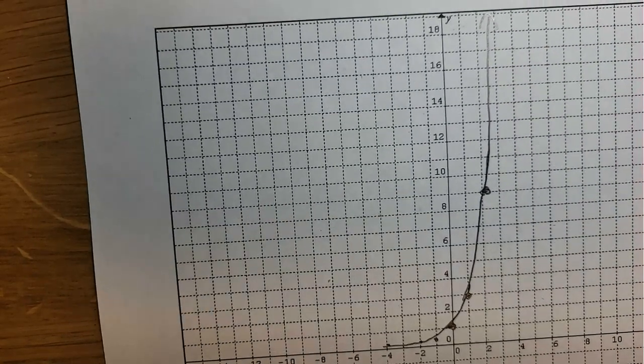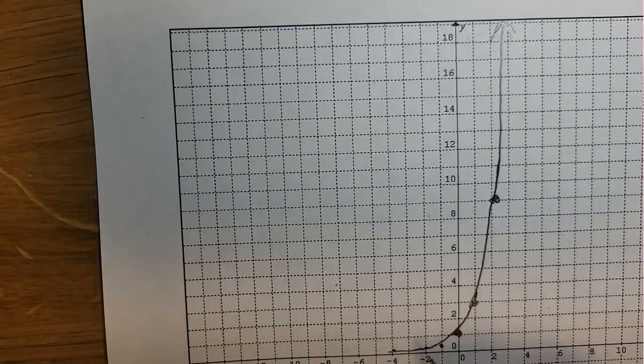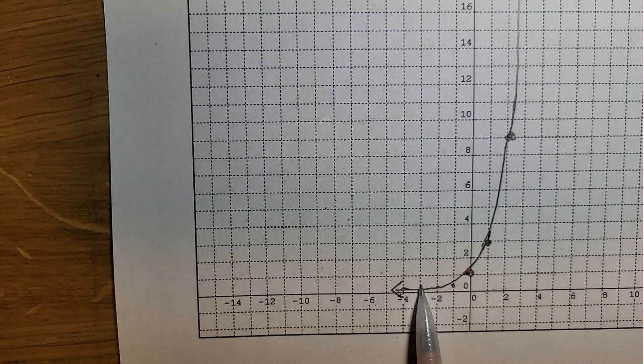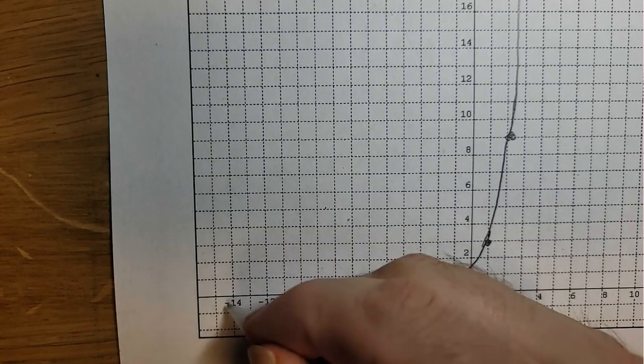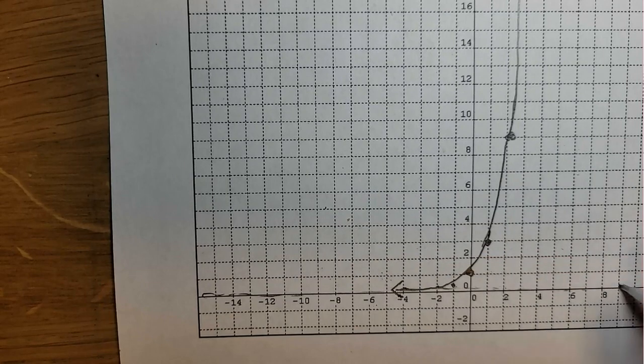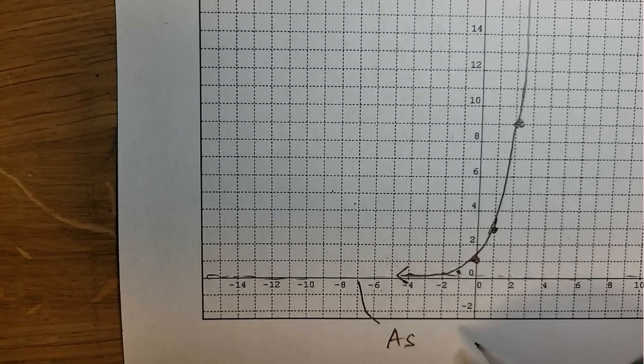There's an arrow that goes here, and there's an arrow down here. Now, this arrow down here, that one really down low, this line never goes below it. What we call this axis down here is an asymptote. I'll write it out, asymptote. I better make sure I spell it right.